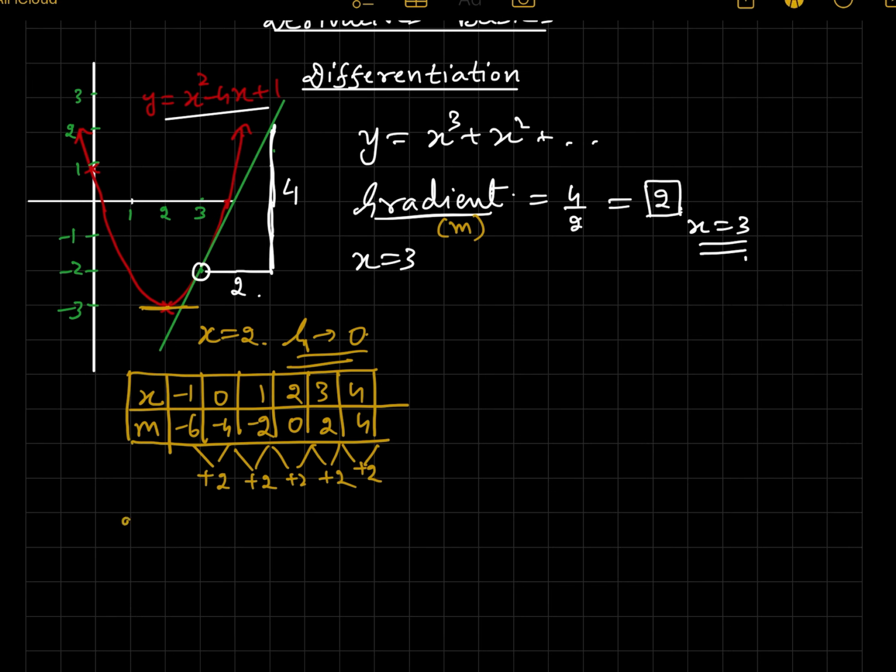Remember, it would be 2 times n, since the difference is 2. And when we do 2 times n, the first term is negative 6 here.